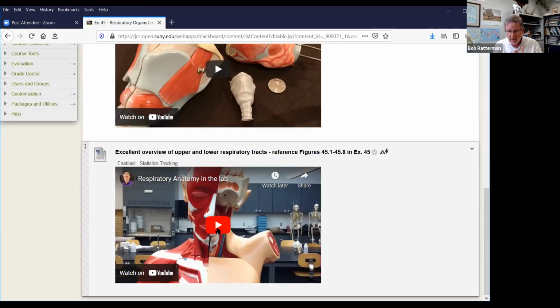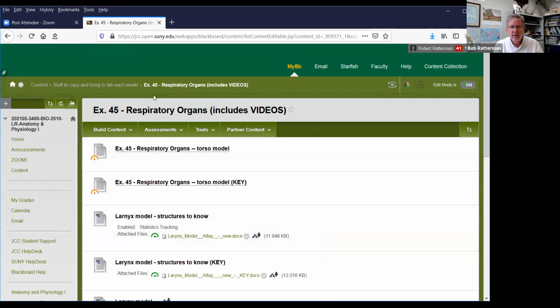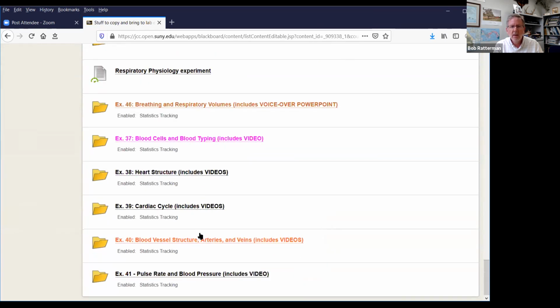This is not the same torso that you have, but it's somewhat similar. So go in and take a look at what I've got here. There might be other important stuff here that you might find helpful. Cardiac cycle, when we get into the heart. Yeah, so there's some nice videos in here, and they're all available for you to look at.